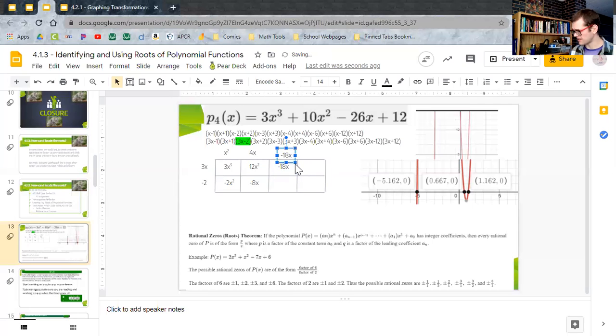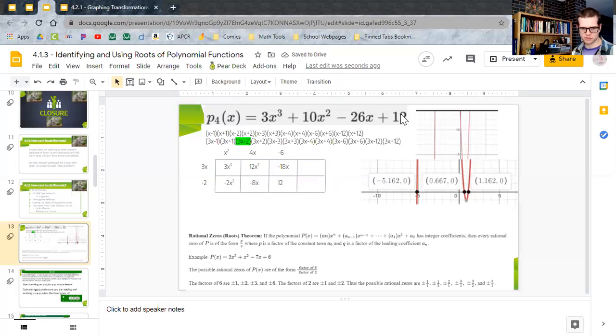Or is that -6? I think that's -6. And then -6 times -2 is -12, or positive 12, which is what it needs to be.